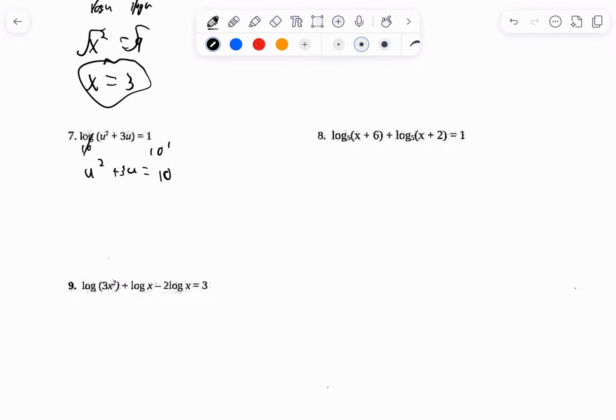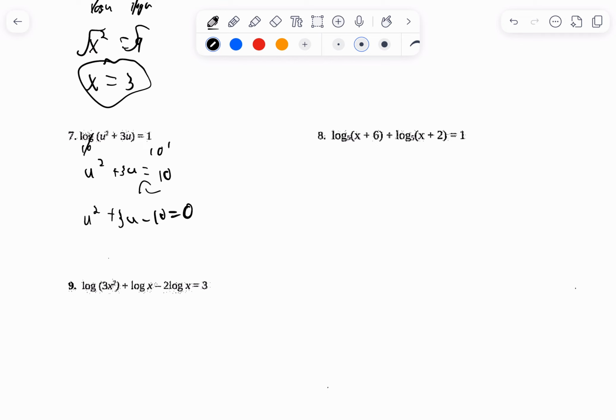So then you have 10, and then you want to bring this on over to the other side, because again, we want to make it equal to 0 when you have a problem like that, where it's ax squared plus bx plus c equals 0. So u squared plus 3u minus 10 equals 0.